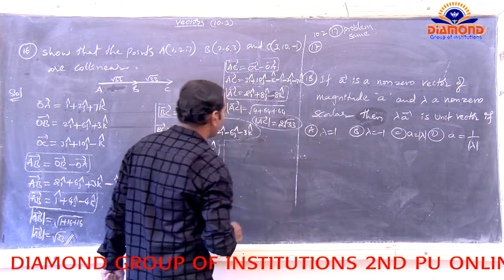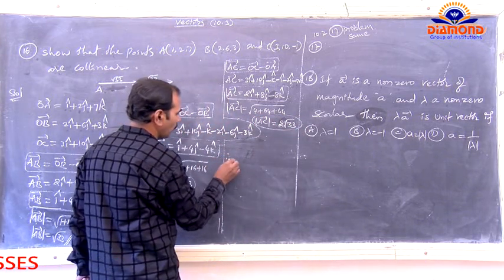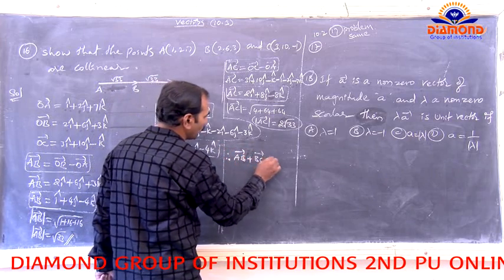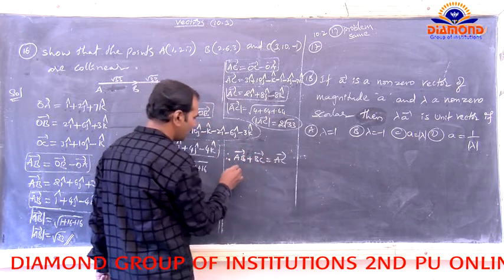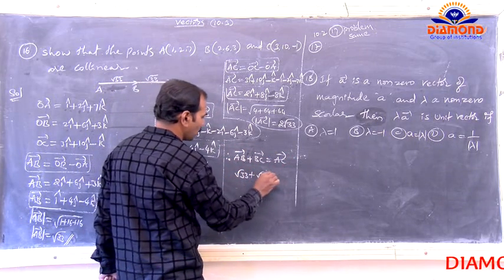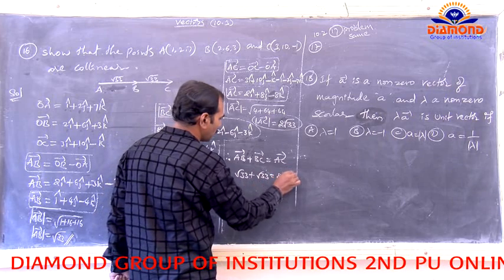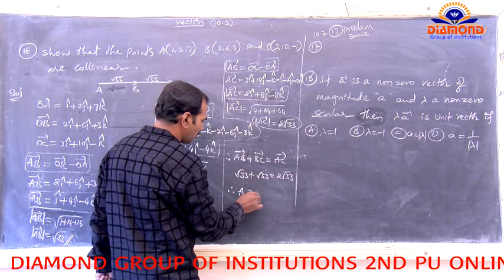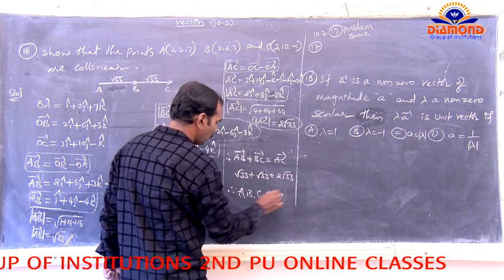This is AC. So therefore AB bar plus BC bar equal to AC bar. It means root 33 plus root 33 equal to 2 root 33. So therefore A, B, C are collinear.